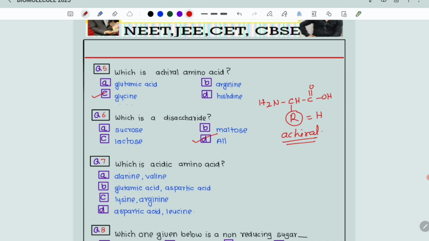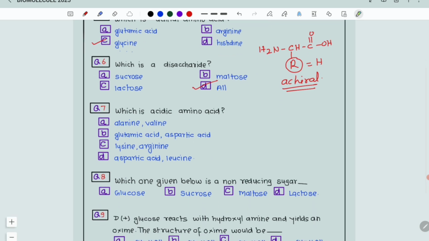Now see the next question, which is an acidic amino acid. There are 20 amino acids, among which two amino compounds are acidic in nature. One is glutamic acid and the second one is aspartic acid. These two are the amino acids which are acidic in nature. So option B is the correct option.